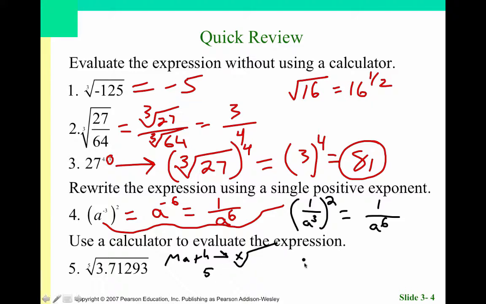It's 1.3. So we put a 5 in for the x, 3.71293, and we get 1.3. That means 1.3 multiplied together 5 times gives you this number.